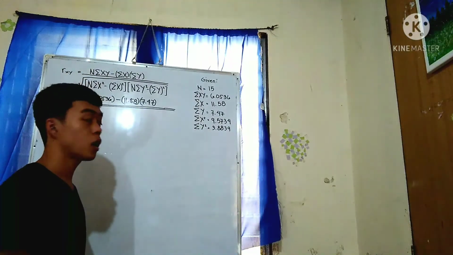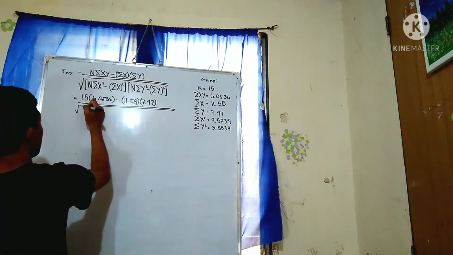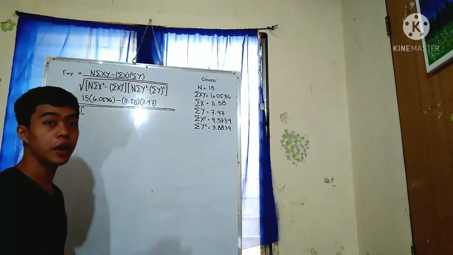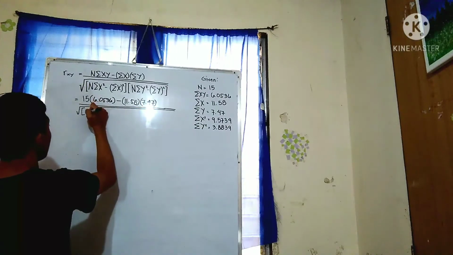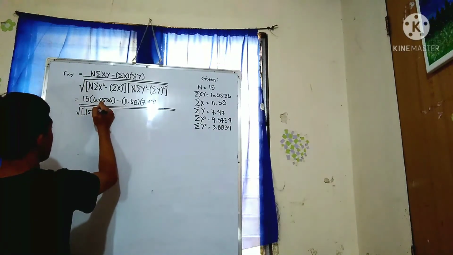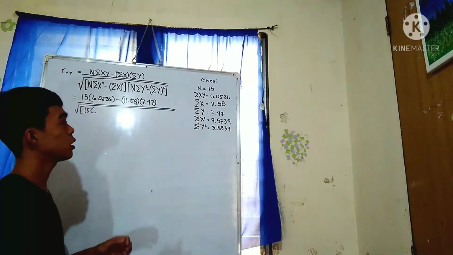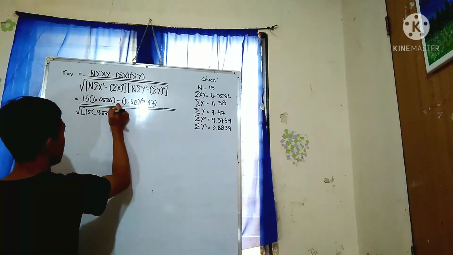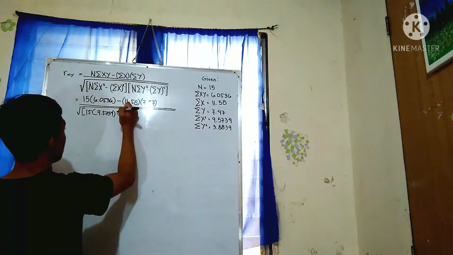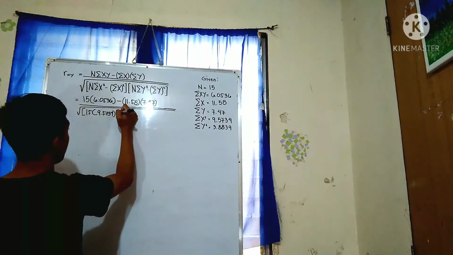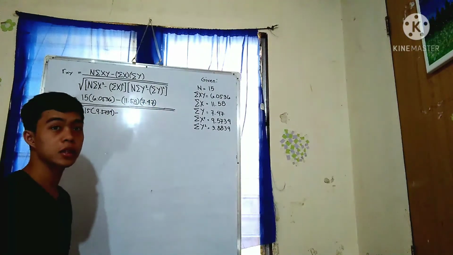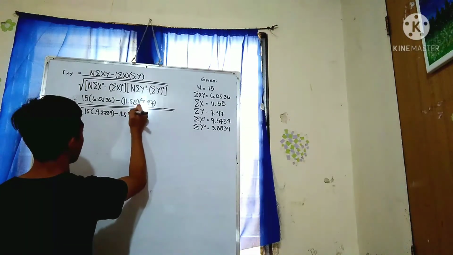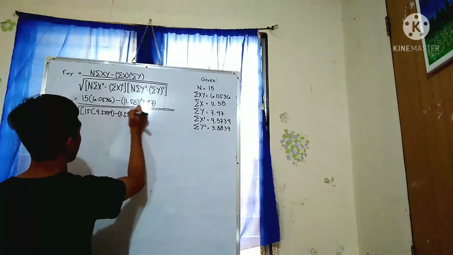Now we will draw the bracket and substitute. So our n is 15 times the summation of x squared, which is 9.5734. Then you will copy minus the summation of x, 11.58, to the power of 2.